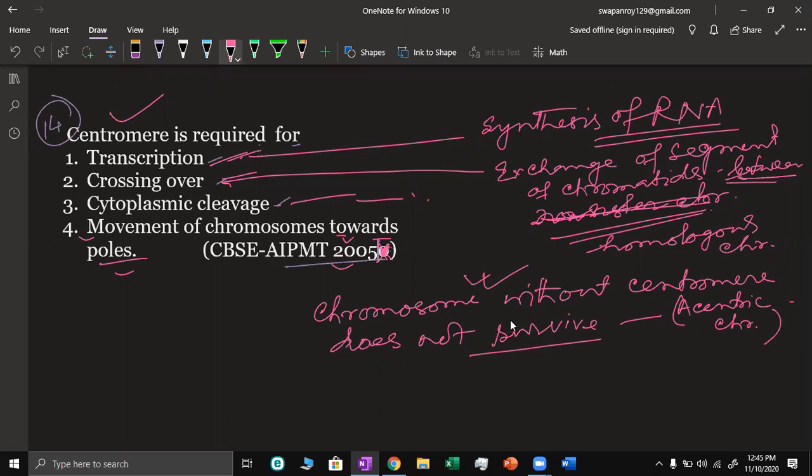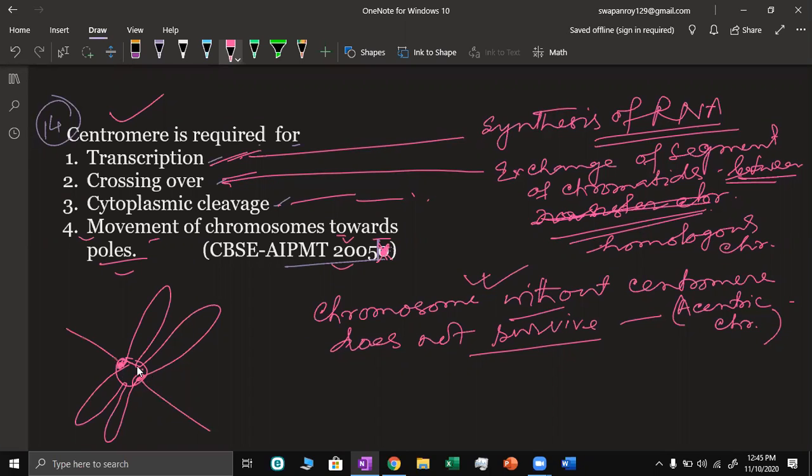Centromere is a must. At the centromere, the spindle fibers are attached, and on the centromere there is the kinetochore; to the kinetochore the spindle fibers are attached.